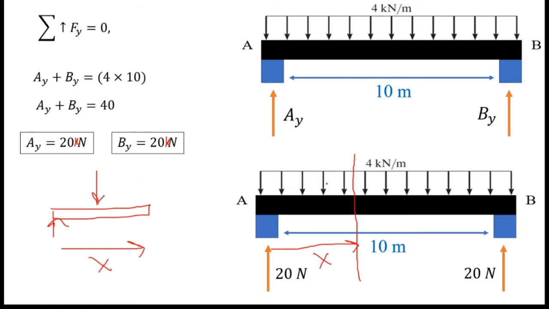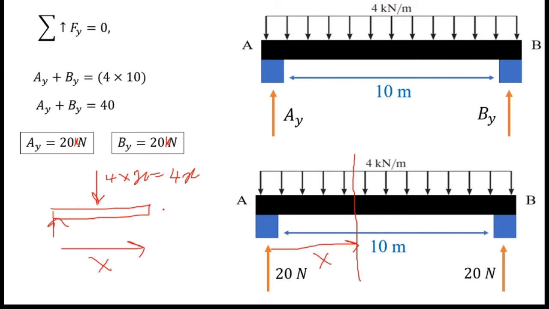This is a distributed load with a magnitude of 4 kN per meter, and this distance is X. So I can write the resultant force as 4 times X, which is 4X.